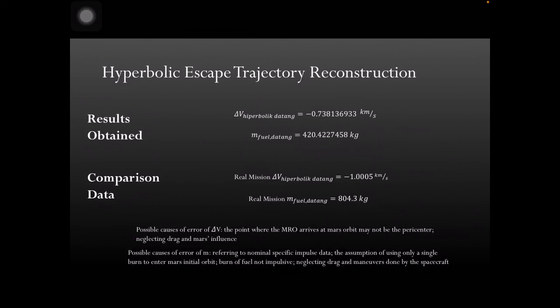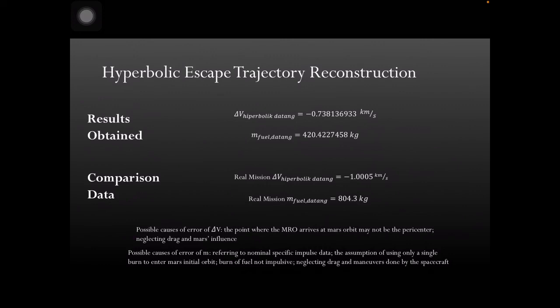And the probable causes are the same reasons stated for the deviation in velocity change, which are that the point where the MRO arrives at Mars will not necessarily be the pericenter of the orbit, and also the neglect of drag and influence of Mars.